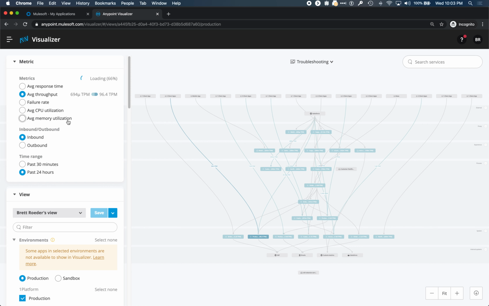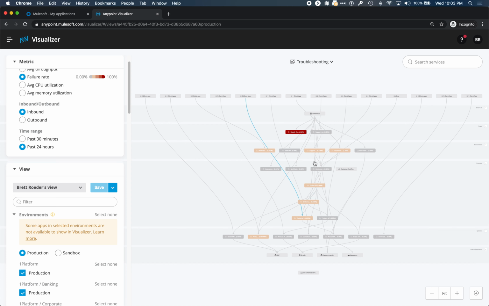And so the throughput is helpful when I start looking at transaction volumes and trying to figure those things out. I can also flip the view and look at the failure rate. And this will help me immediately identify components that are in failure. All I have to do is look at the red component and I know what's failing. I can also look at CPU and memory utilization and that sort of thing.